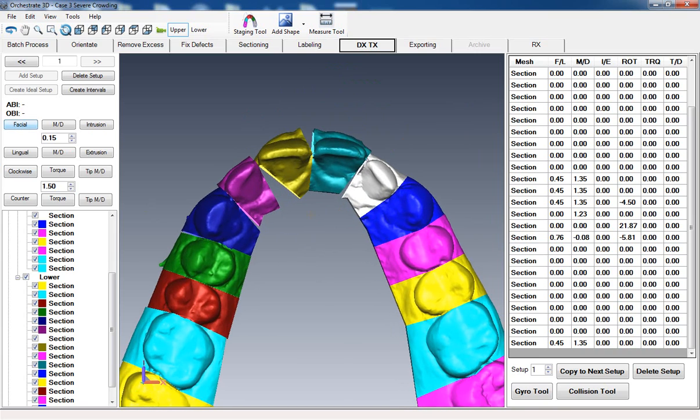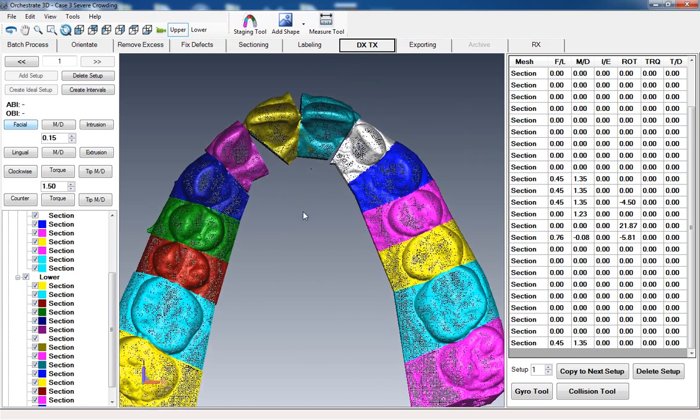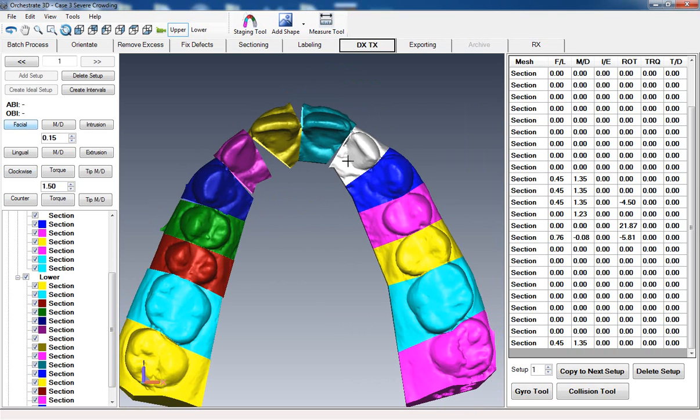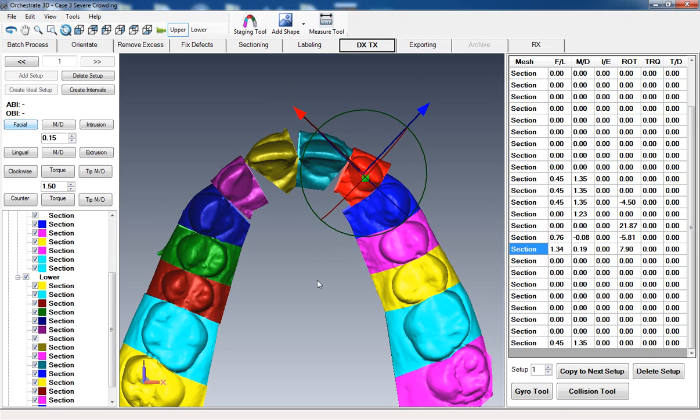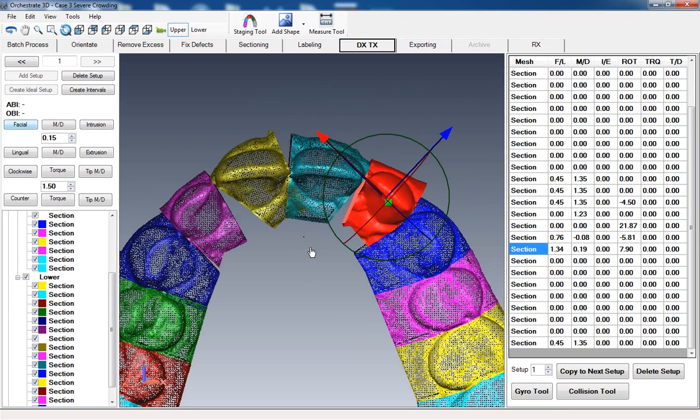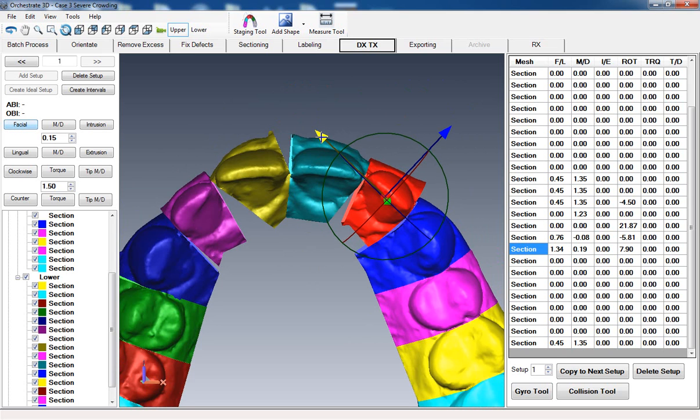And I would not be concerned about this space here, because again we'll get that corrected towards the very end. So now we're going to move to this lateral, work on the rotation, and move it facial, till we have just a small space between these two teeth.